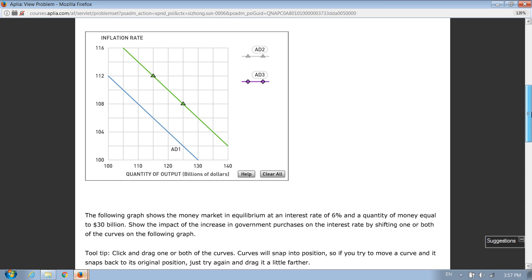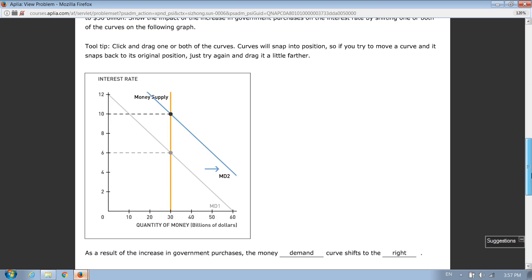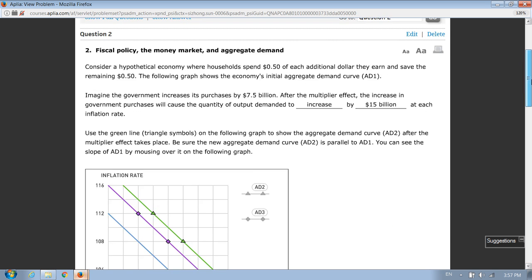This aggregate demand curve will shift to the left by 5 billion from the green line. It's something like here, so that's AD3. Okay, that's question 2. Question 3.